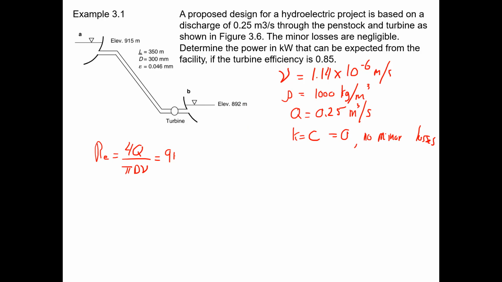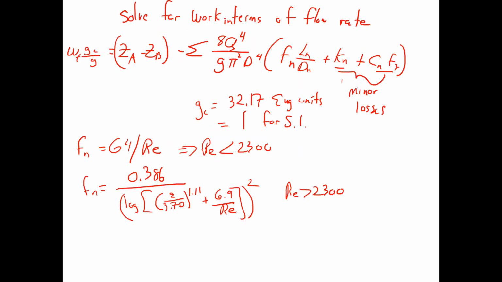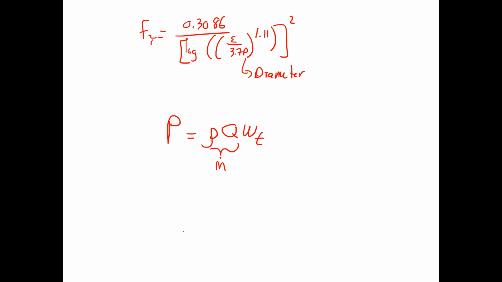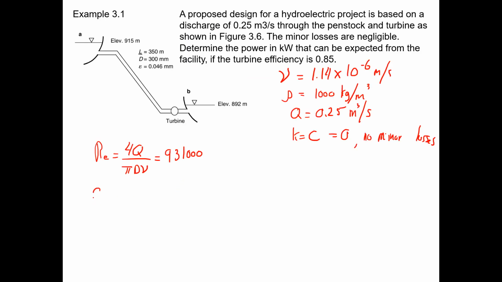You plug in your numbers there, which I'm not going to do, so you can do that on your own. But we should get about 931,000 as the Reynolds number. That is definitely turbulent, so we're going to have to use this long correlation to find the friction factor.